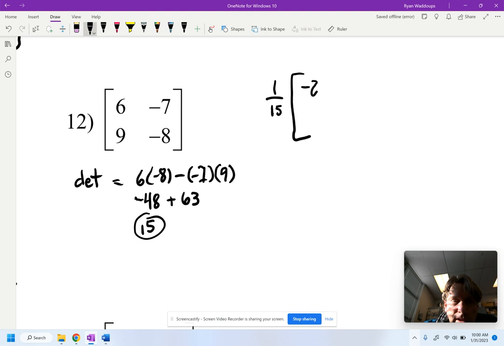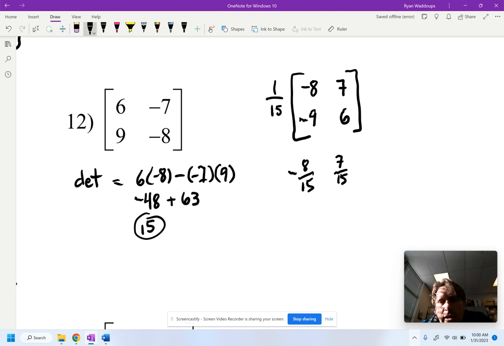Then to get the inverse, we take 1 over the determinant, 1/15, times, switch negative 8 and 6, negative 8 here, 6 down here, and I take negative 7, make it positive 7. I take 9 and make it negative 9. Then I take 1/15 times negative 8. That becomes negative 8/15. Then I take 7 times 1/15 becomes 7/15. Negative 9 times 1/15 becomes negative 9/15. Both of those are divisible by 3, so that becomes negative 3/5.